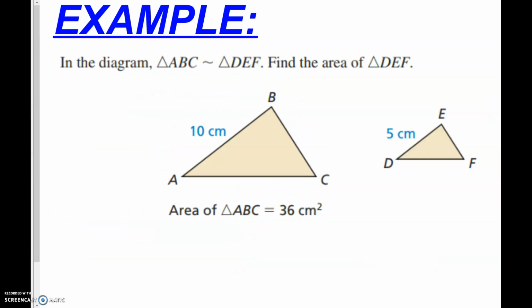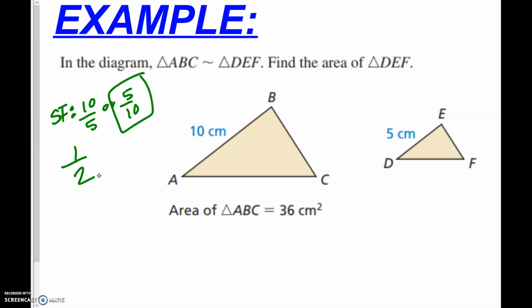All right, in this diagram, find the area of DEF. Okay, so what is the scale factor here? So we have to decide, is it 10 to 5 or is it 5 to 10? So it is definitely getting smaller, so we're going to use the 5 to 10, which is the 1/2 ratio. So what did we say if we go from area of one to area of the other?